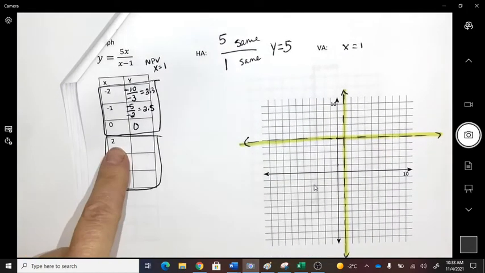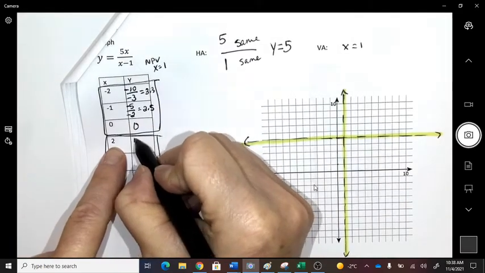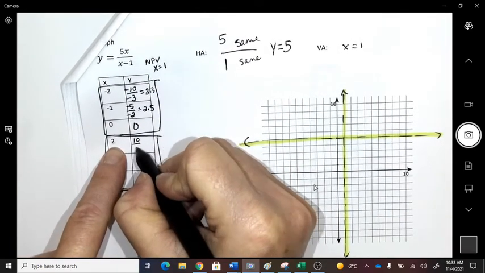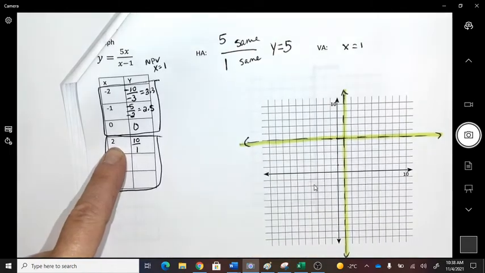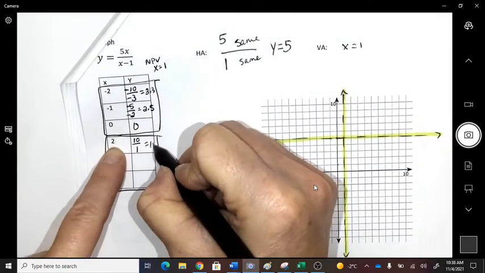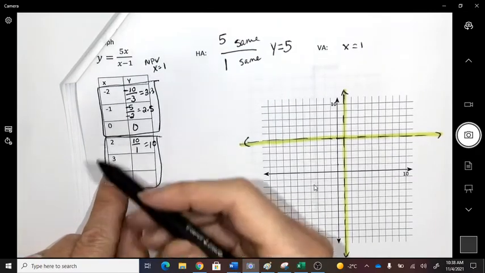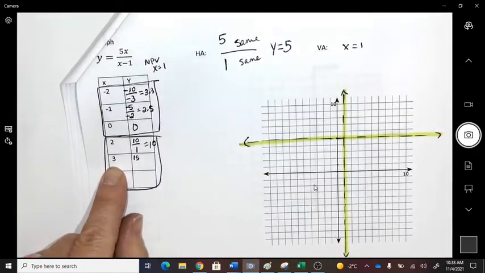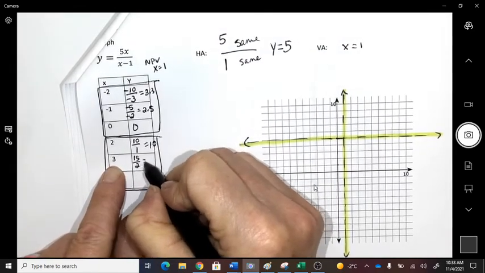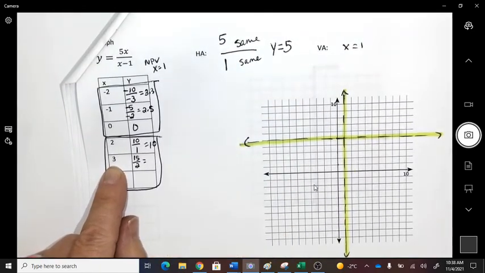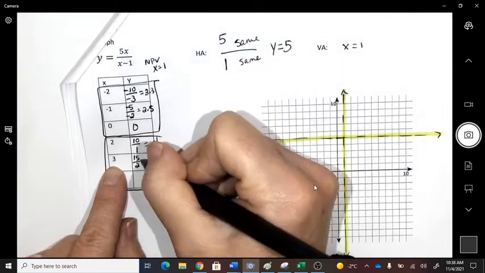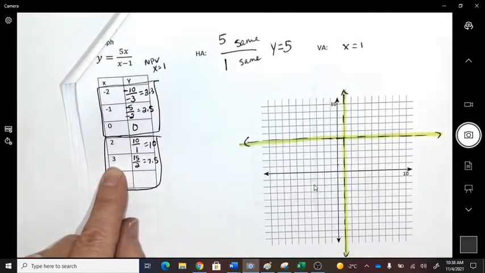Okay, plug in a 2 makes the top 10 and the bottom 1. Plug in a 3 makes the top 15 and the bottom 2. We okay? That's a 7.5.